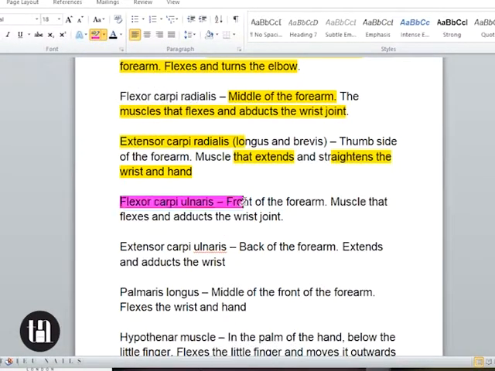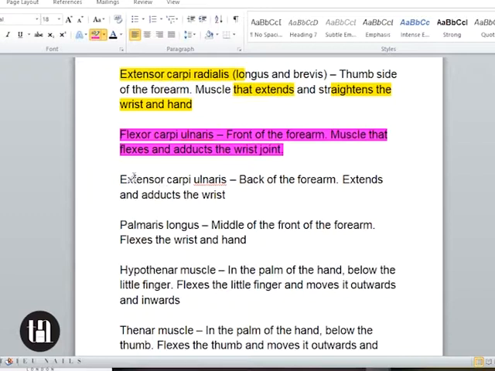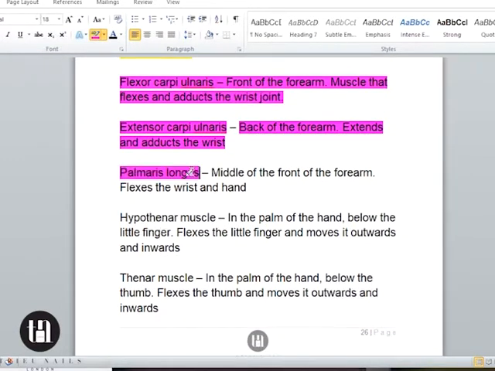Just at the front of the forearm, and muscles that flex and adduct the wrist joint. Then you have the extensor carpi ulnaris, which is the back of the forearm, and extends and adducts the wrist. You have the palmaris longus, which is the middle of the front of the forearm. It flexes at the wrist and hands.